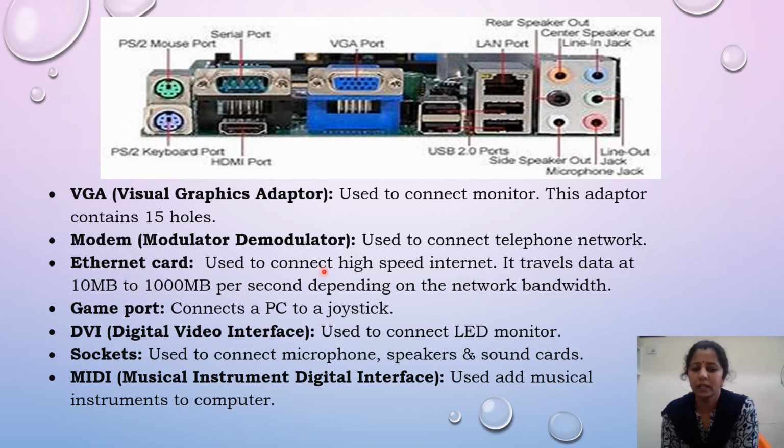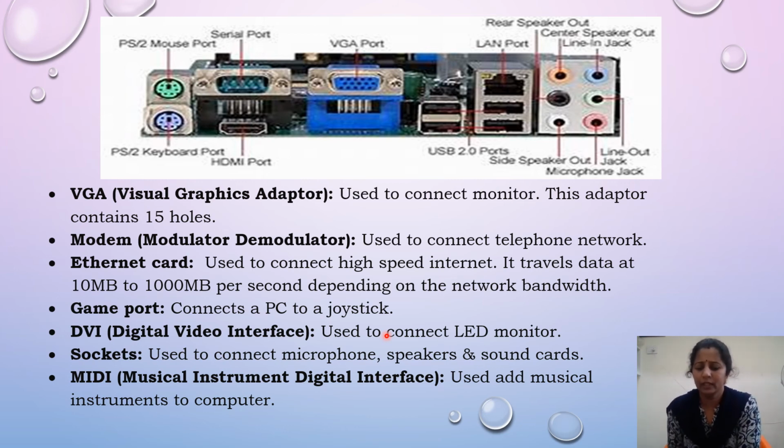Then Ethernet card, it is used to connect your high-speed network. If you want to transfer more megabytes of data over your network bandwidth, then you require your Ethernet card. If you want to connect any gaming devices like your joystick, then we require your game port. Then your DVI, digital video interface, is used to connect your LED monitor.